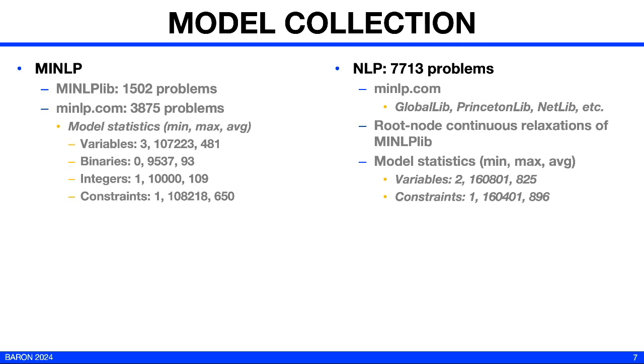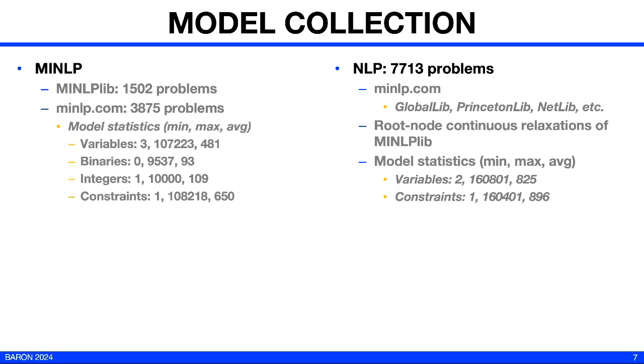For each core component listed in the previous slide, we will evaluate the impact of each component on the collections for MINLP and NLP. Here we collected almost 4,000 problems, and we also released all these problems on our website.